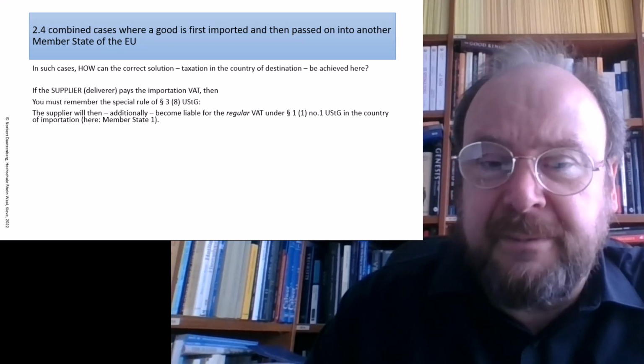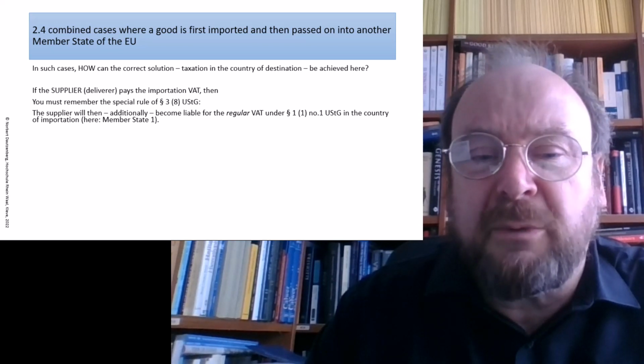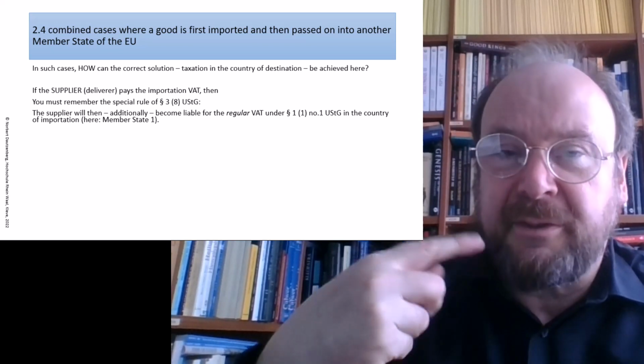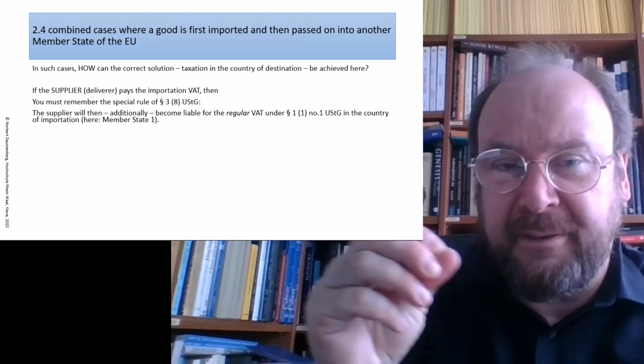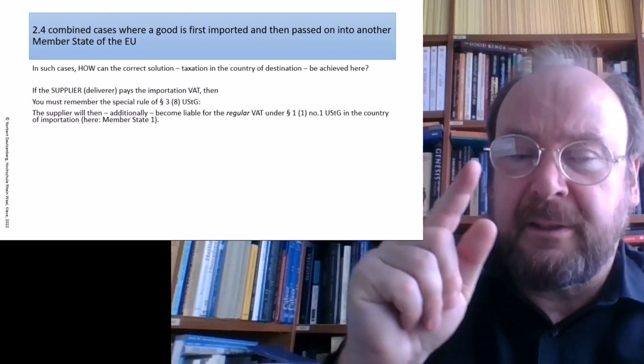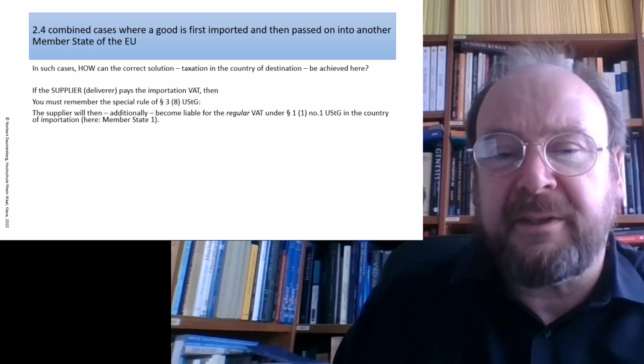the regular rules of 1.1 number 1, so not only the VAT importation at the customs office, but additionally also 1.1 number 1 is fulfilled.